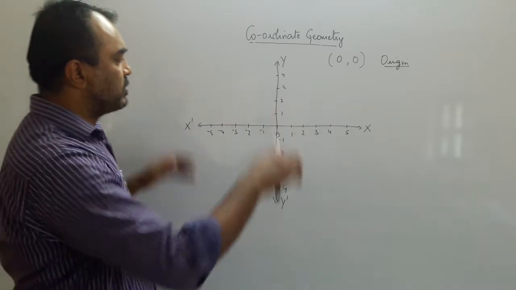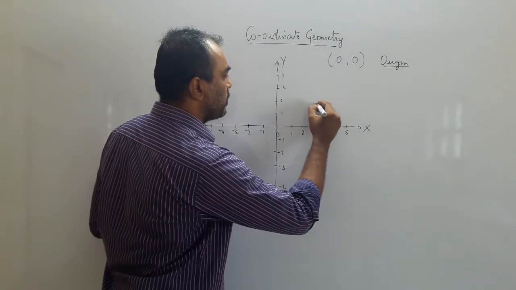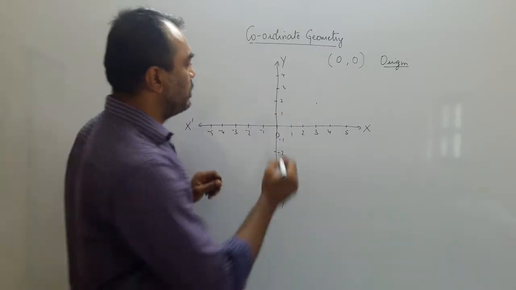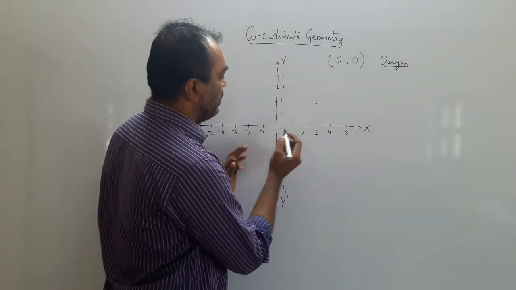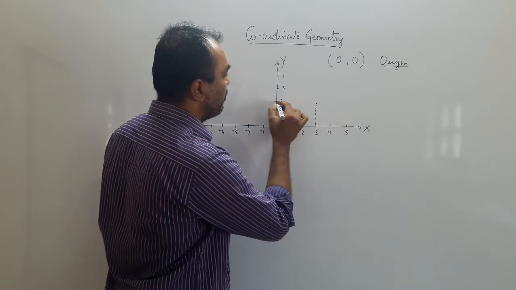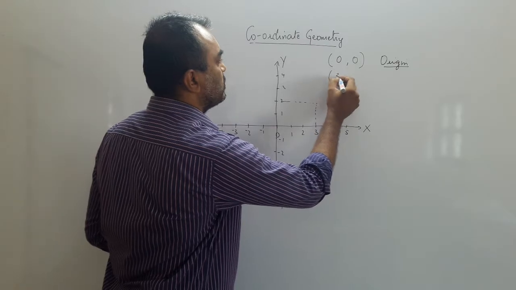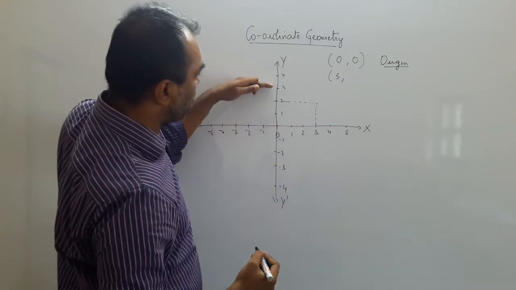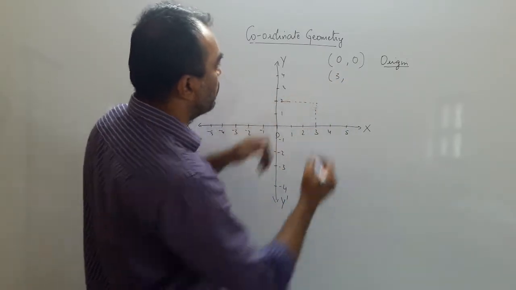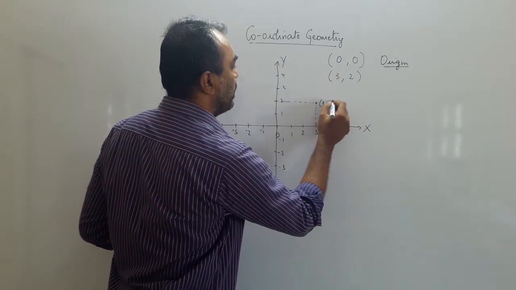Now if you see this, I can say this point. Where is this point? First we see to the right: 1, 2, 3. So you can see how I write the coordinates. This is 3 steps to the right and 2 steps upward. So this point is 3, 2.